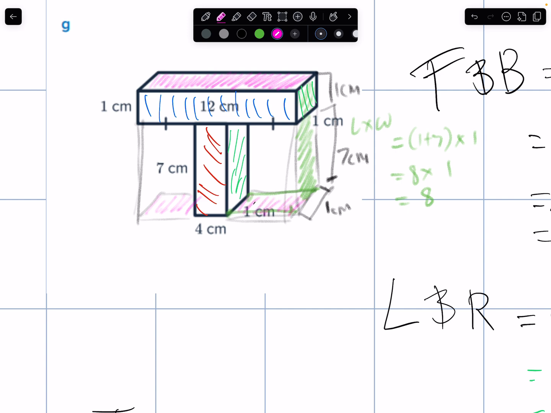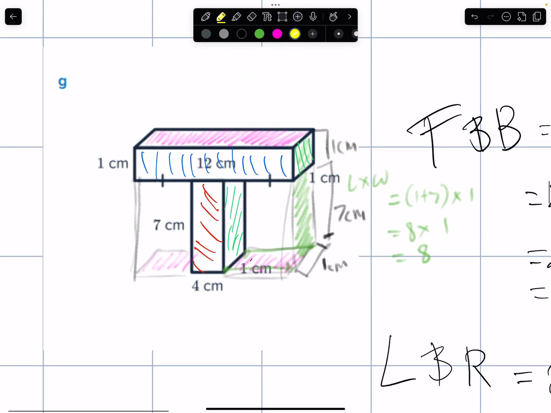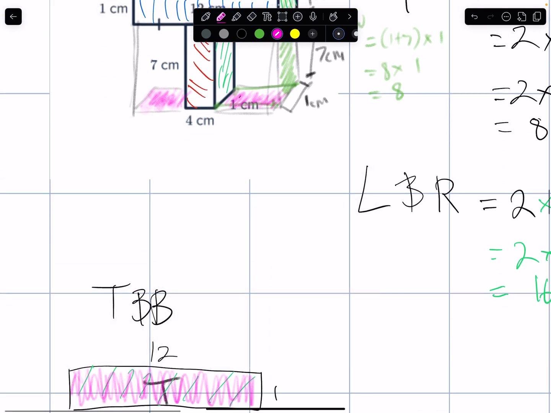Or imagine if you had a light shining directly above it from up here, shining down. This pink bit would be the shadow, right? Which is cool, huh? And that also looks like the surface area.